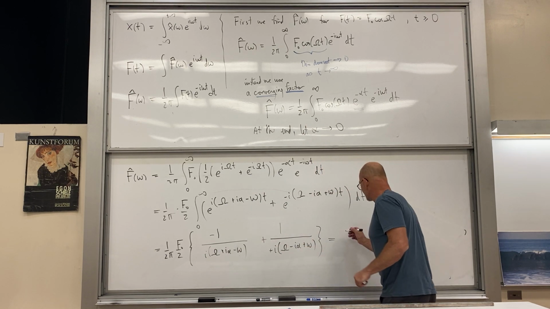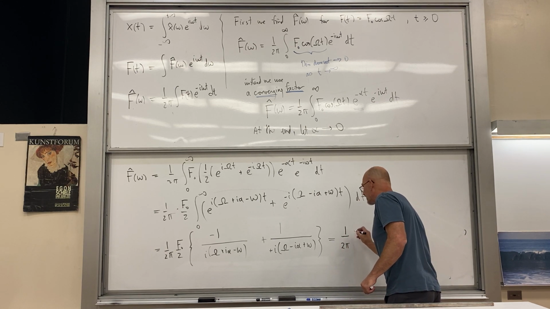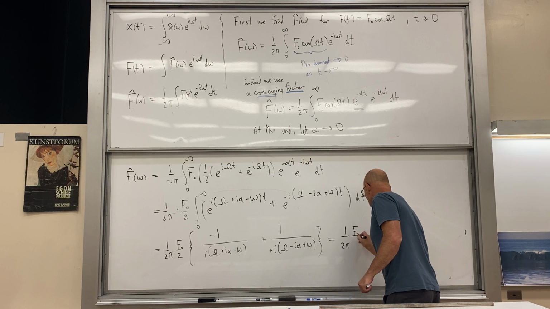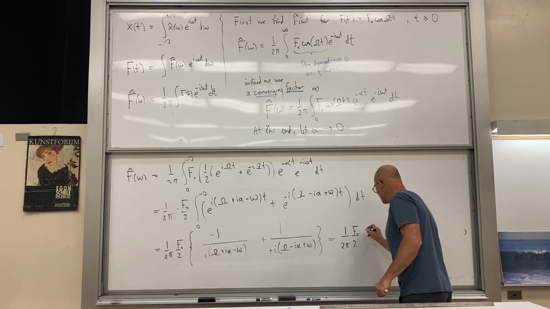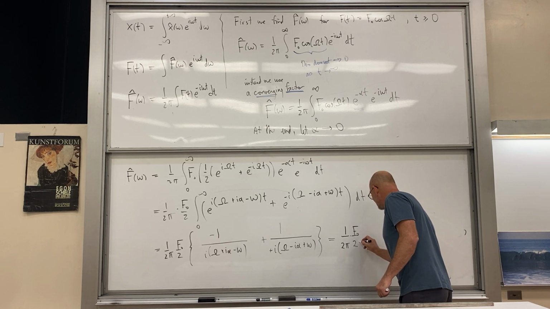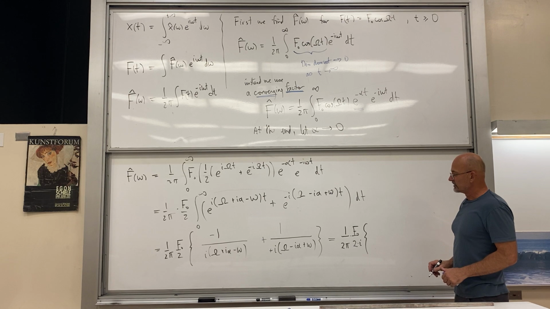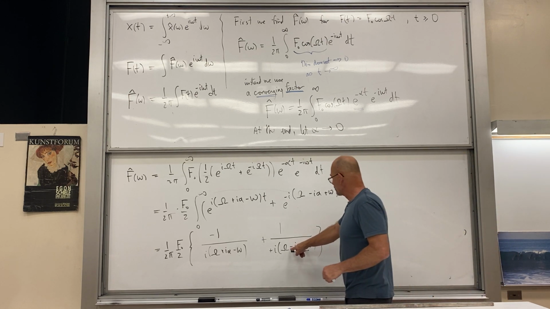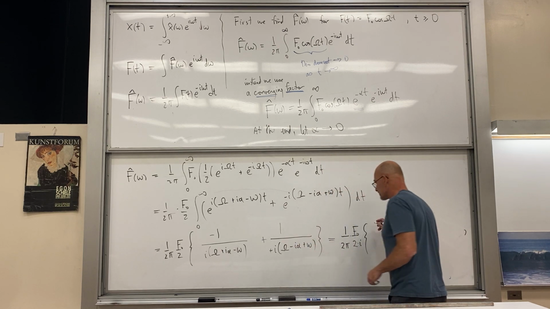So let's see, we would have 1 over 2 pi, f naught divided by 2. I'll even pull out the 1 over i. And then for my numerator, let's just go ahead and write it out.